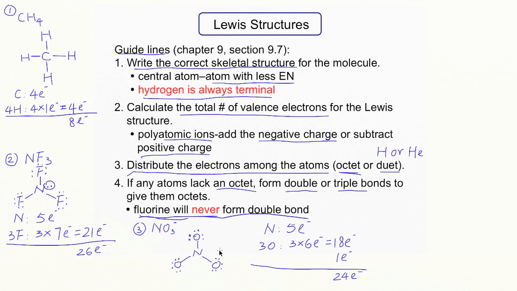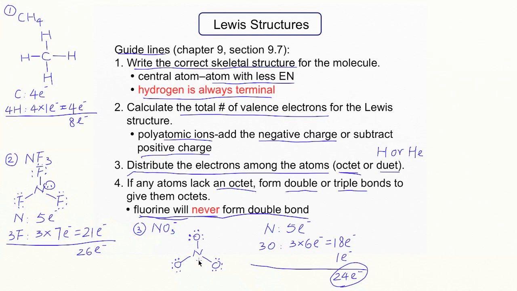Now, if you count the electrons we've already used, you have 8 here, 8 here, and 8 here. So in total 24 electrons. That means we've already used all 24 electrons. But nitrogen is not happy at all, because so far it has only 6 electrons.